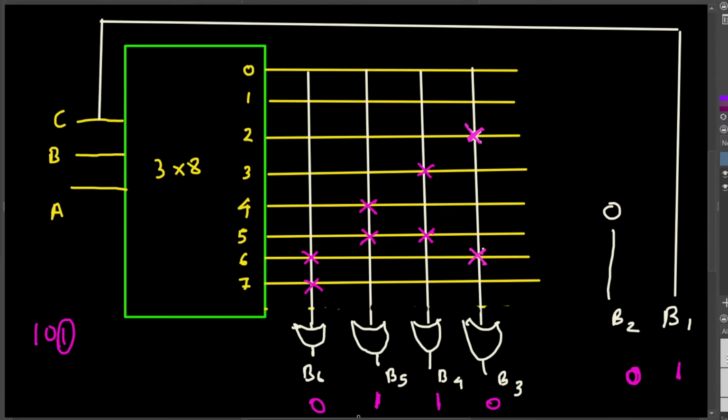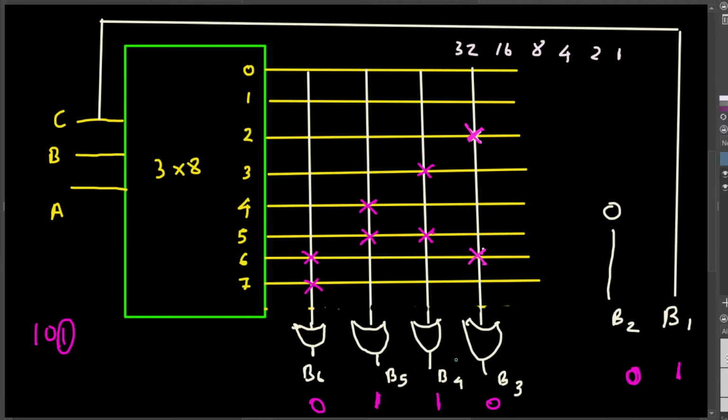And if you look at this 0 1 1 0 0 1, if you represent the weight of the binary numbers, the binary number weights start from 1, 2, 4, 8, 16, 32. Okay, this one is 16.